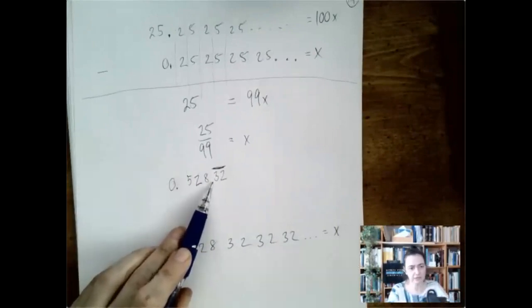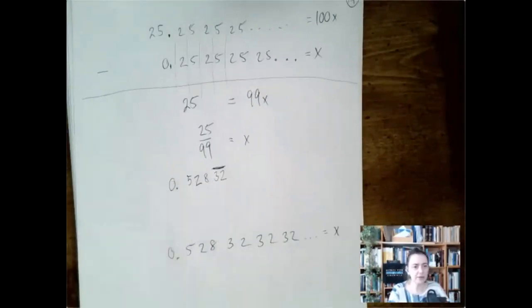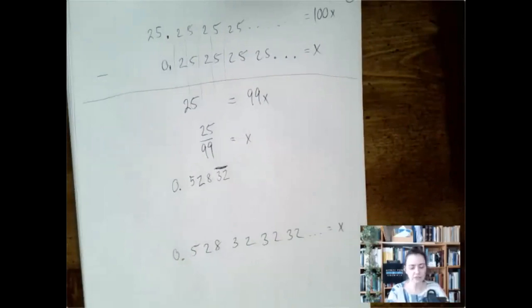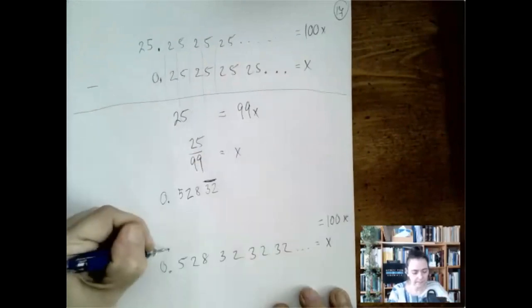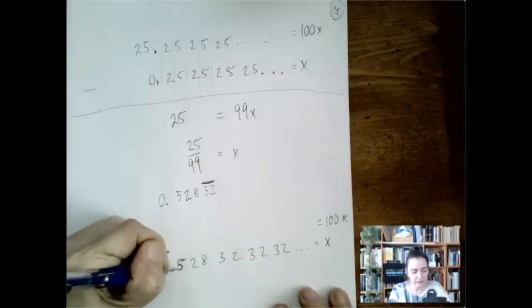That's how many zeros you need after a 1. So a 3-digit repeating block means you multiply by 1,000. A 7-digit repeating block means you put 7 zeros after the 1. So we're just going to multiply by 100. And again, I told you, don't just fake it.